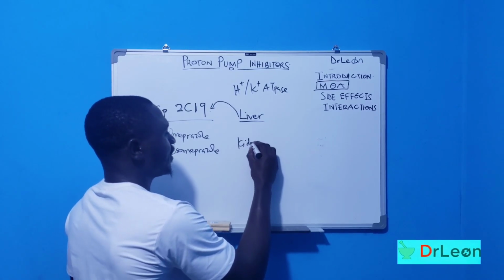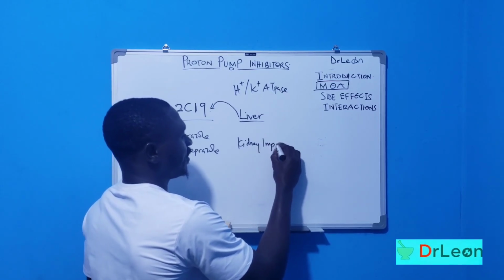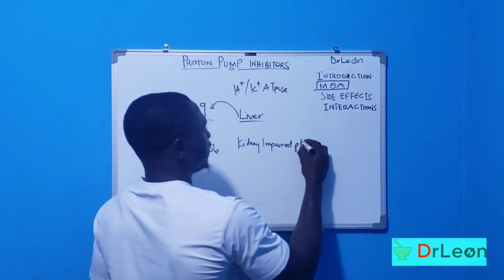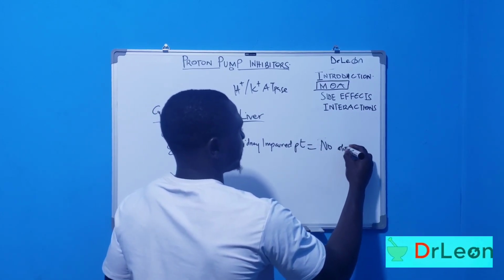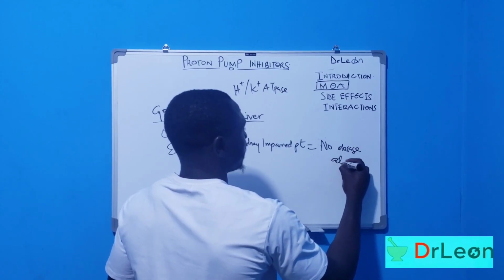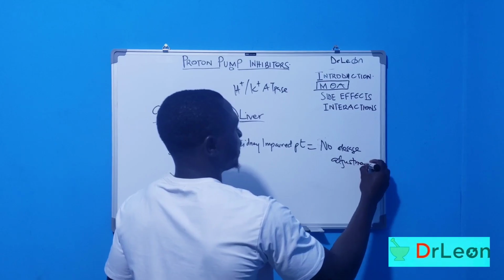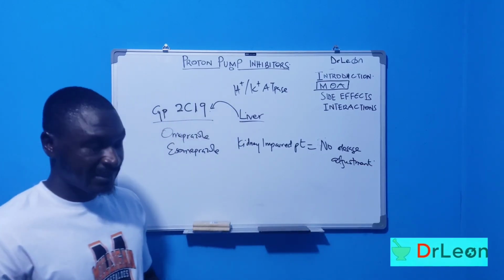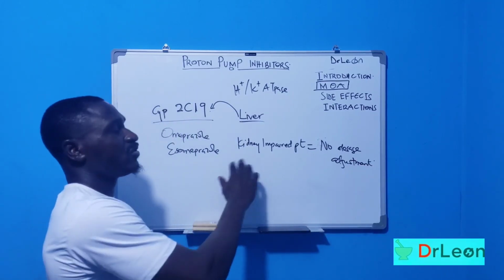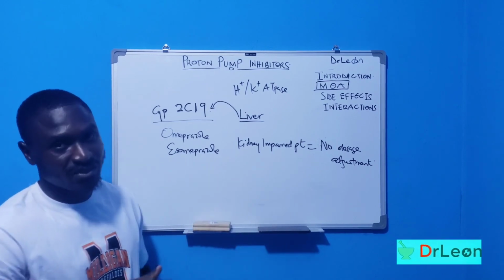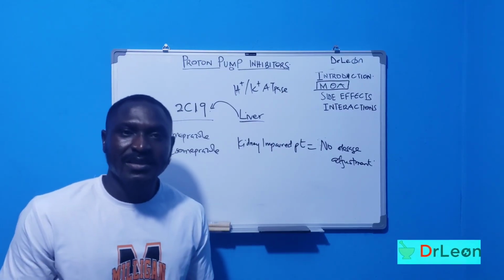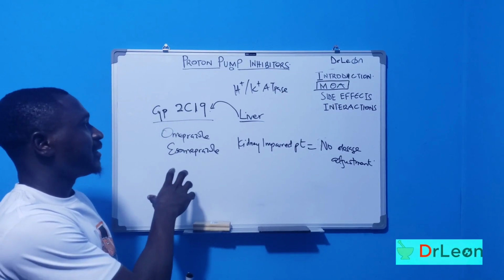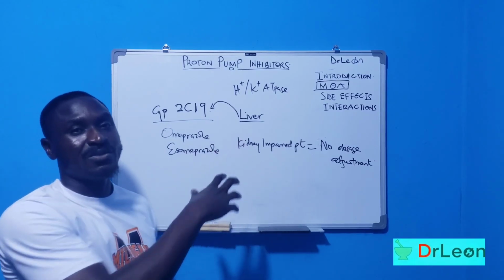So in kidney impaired patients, there is no need for dosage adjustment. And the reason is that the body does not make use of the kidney to eliminate the drug, because if the liver of the patient is functioning, then it's fine, because the drugs are being eliminated or metabolized by the liver.